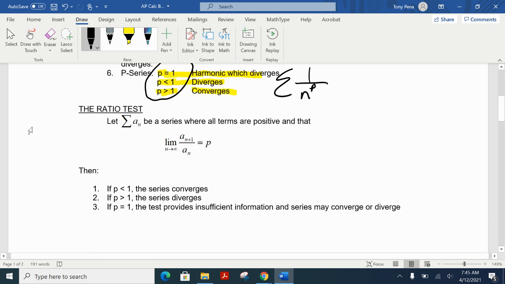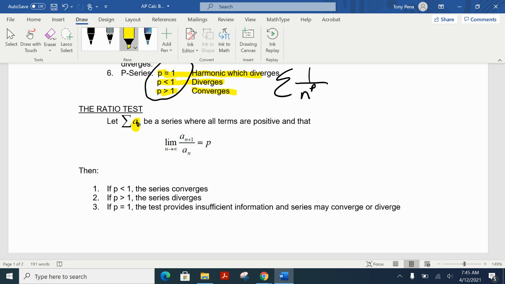Okay, so the next one today is what we call the ratio test. So it says let the sum of a sub n be a series where all terms are positive. Notice a sub n is the original series, the original nth term, and that's going to be our denominator.